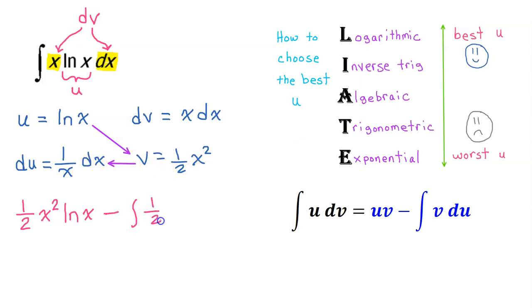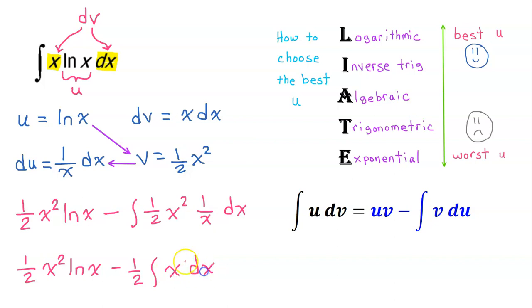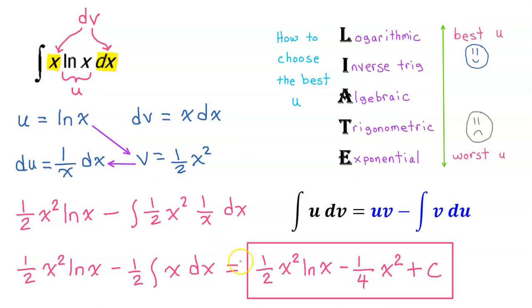So 1/2 x squared times 1 over x dx. I like to put the constant out in front of the integral, and x squared divided by x is just x. The antiderivative of x is 1/2 x squared plus c. On the last step, we can multiply 1/2 times 1/2 and write 1/4. So this is the final answer.